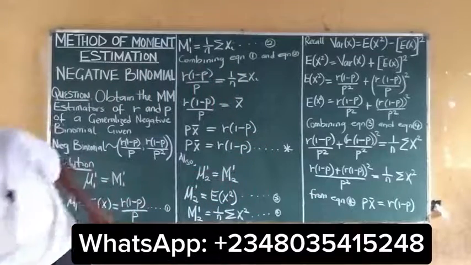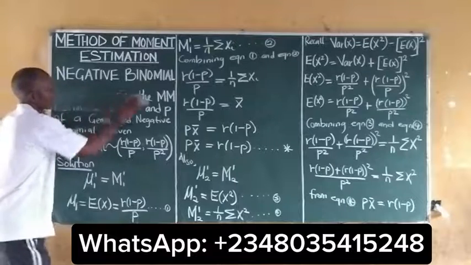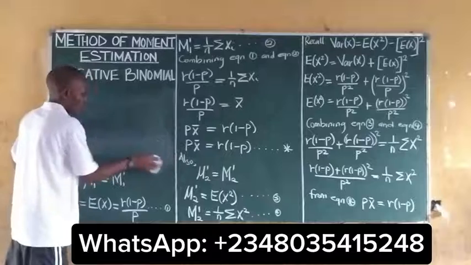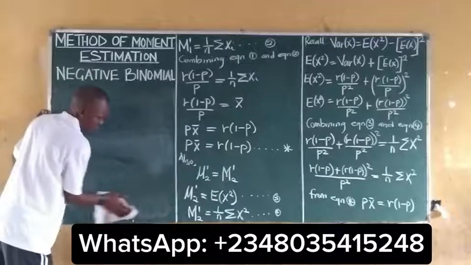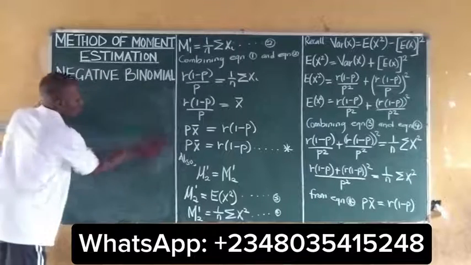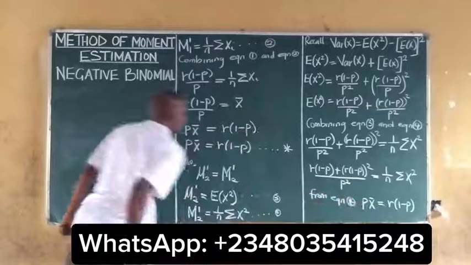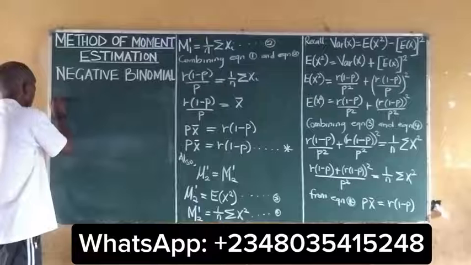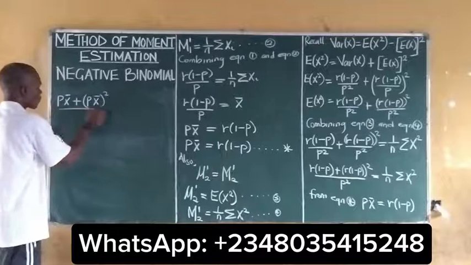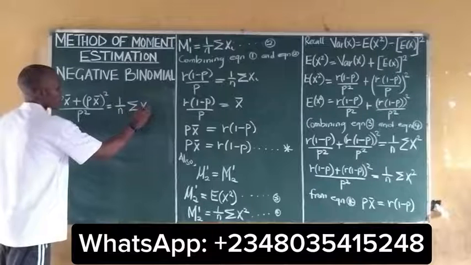So we have here p x bar plus (p x bar) all squared all over p squared to be equal to 1 all over n summation of xi squared.